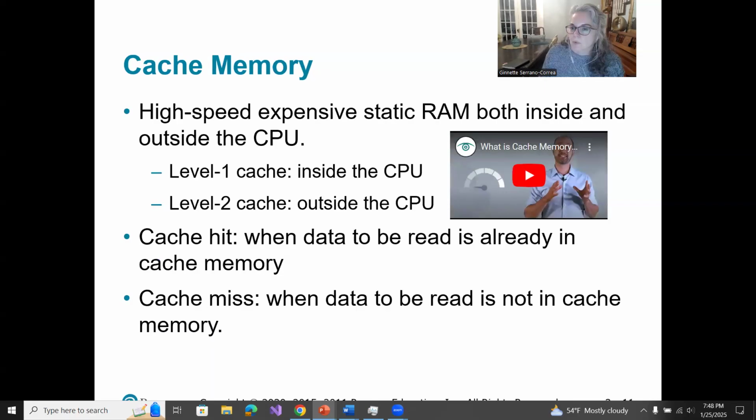All right, so earlier, I said that whenever you open a program, the instructions of that program are put into memory. So there's a certain amount of memory that's allocated for those instructions and also for anything that we want to do for that program.